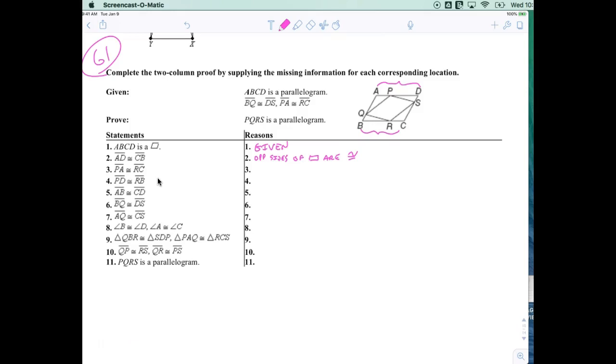All right, then we prove that they're equal. You hear me? Then it says that PA is congruent to RC, so I'm going to mark that, which is given. And then PD, PD is congruent to what?